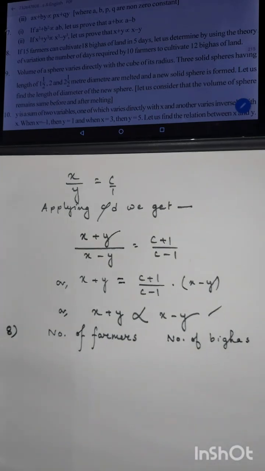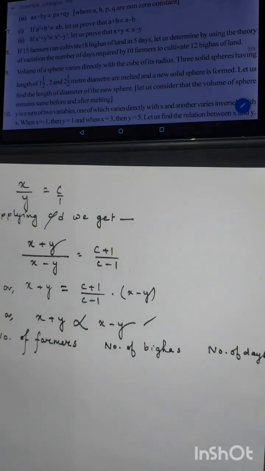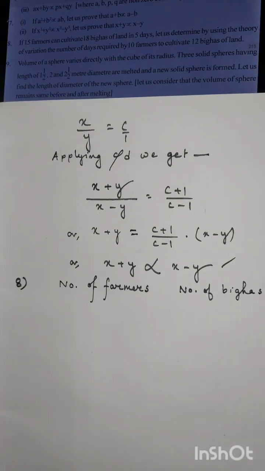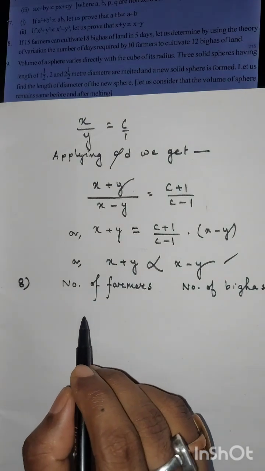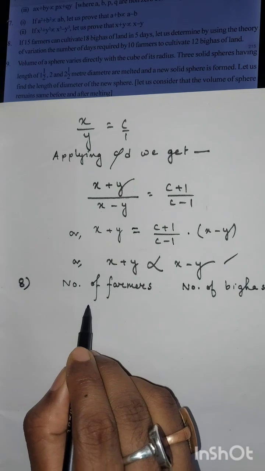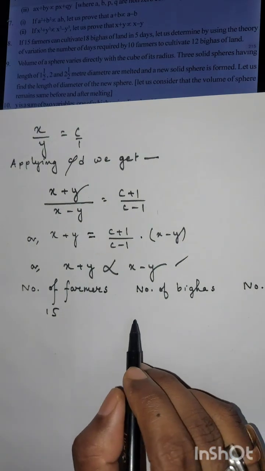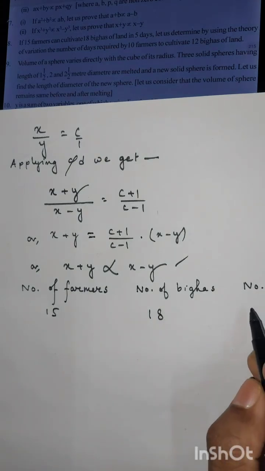So the first condition says 15 farmers can cultivate 18 bighas of land in 5 days.